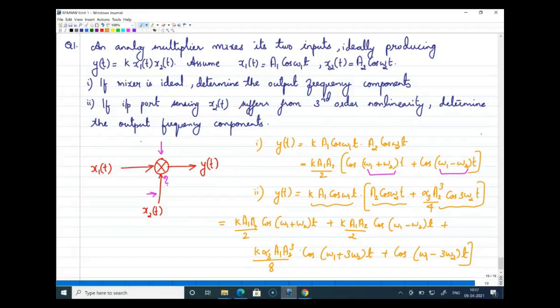Definitely you can consider even the other term, and that will result in one more frequency term, is what I understand from the discussion we made just now.